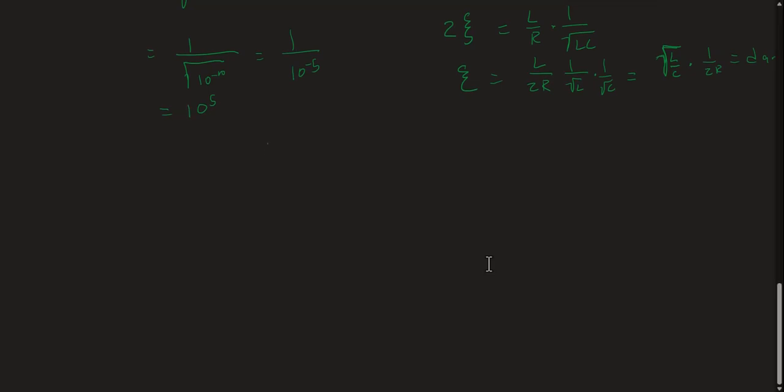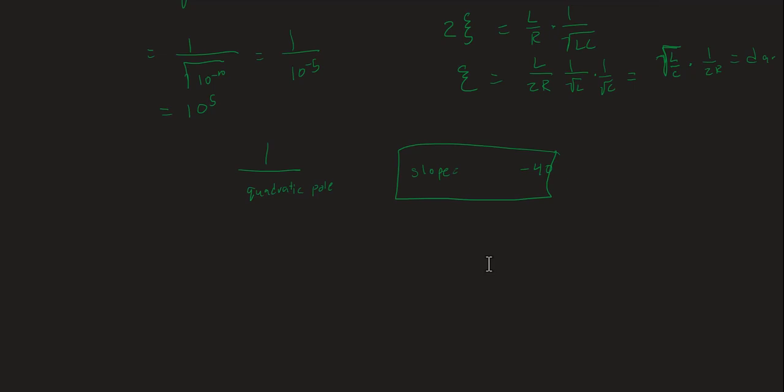So once we get high enough, our slope will be negative 40, because that's the slope for a quadratic pole.